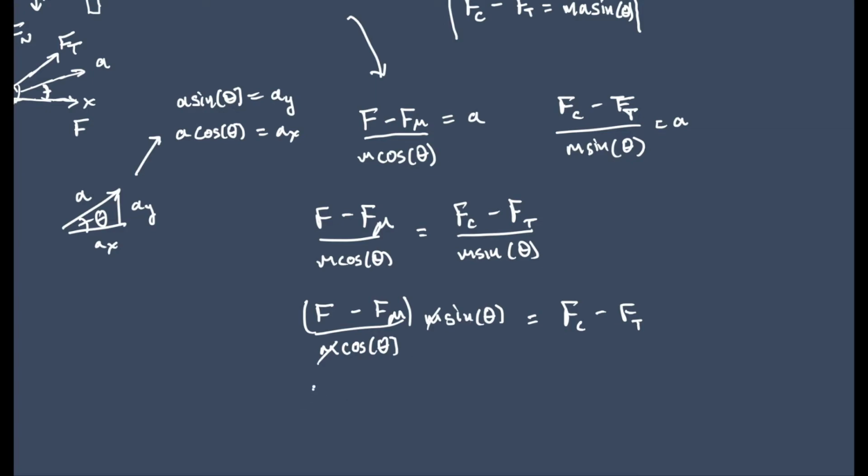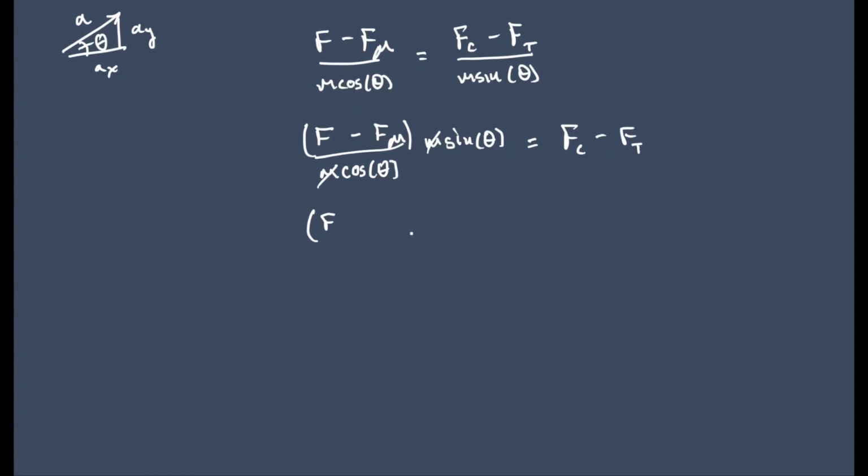So what we have is F minus F mu times the tangent of theta is equal to Fc minus Ft. All right, so here's where that tangent was coming. So I alluded to the possibility of a tangent coming up in the beginning of this practice problem.